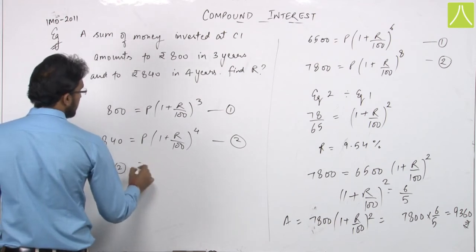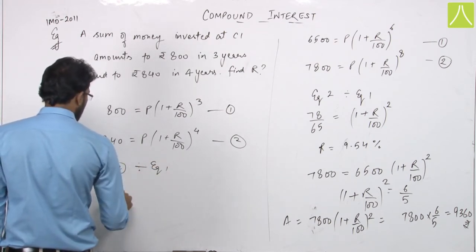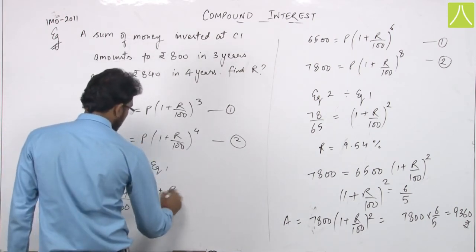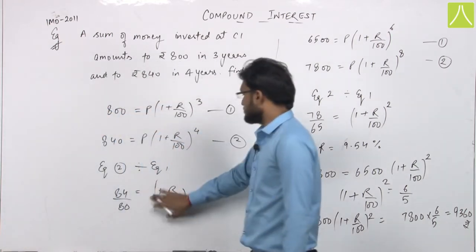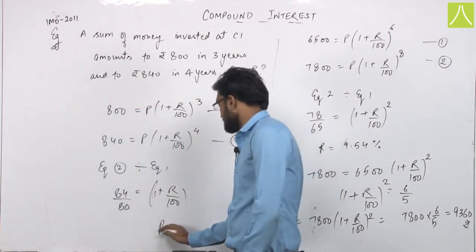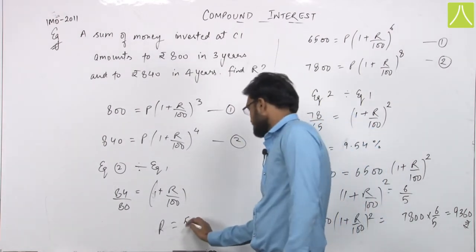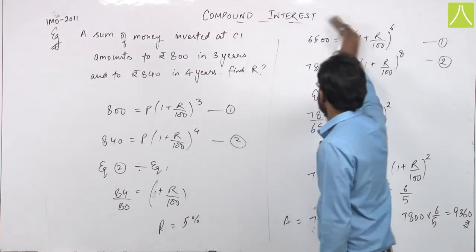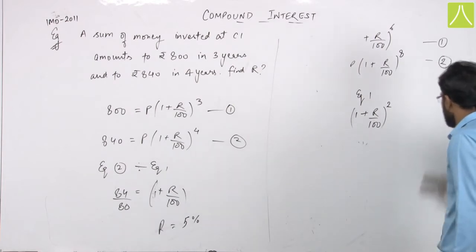Dividing equation 2 by equation 1, 84 divided by 80 equals 1 plus r upon 100, as 4 minus 3 is 1. Calculating this, the rate percent is 5%. This question came in the IMO 2011.